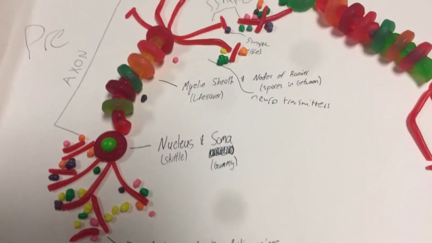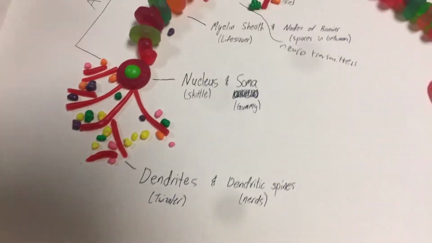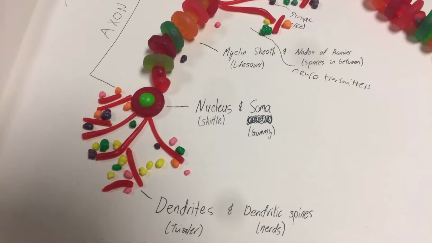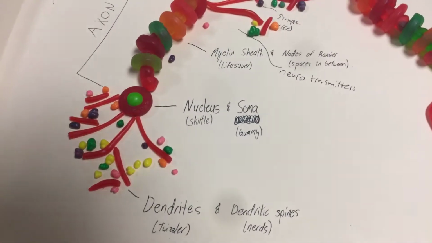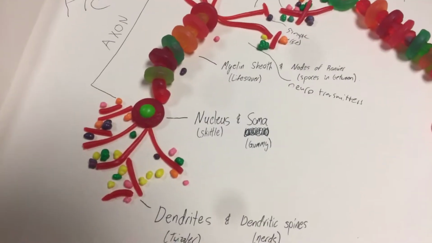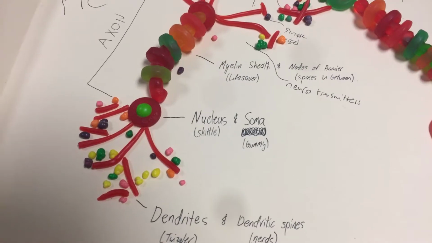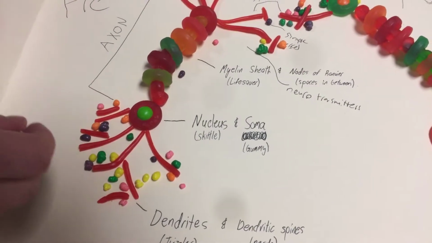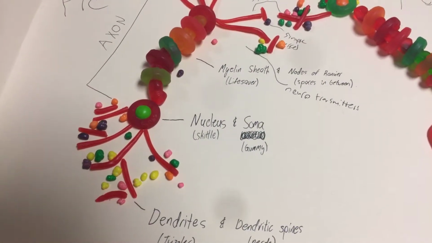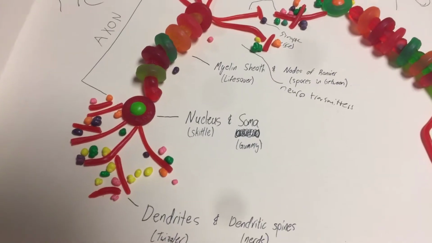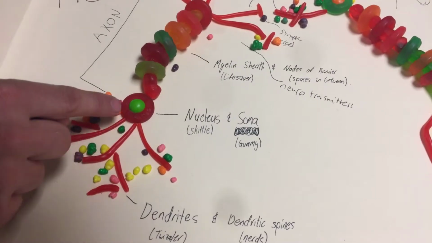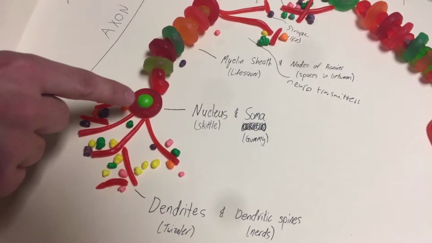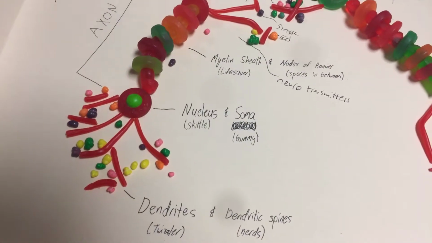It's like the cell body right there, and it connects all of these things, the dendrites, the axon, and it's like the headquarters of the neuron, and that's where all the functions occur. And then inside of the soma we have the nucleus right there, represented by a skittle, and we'll talk more about that later.